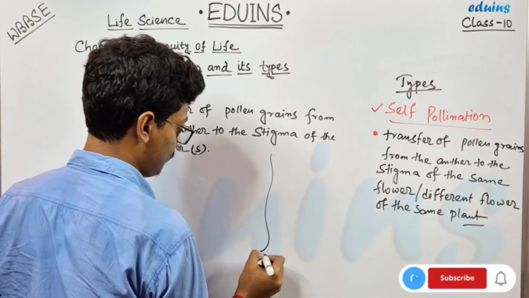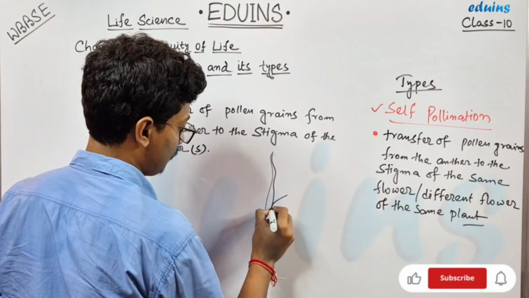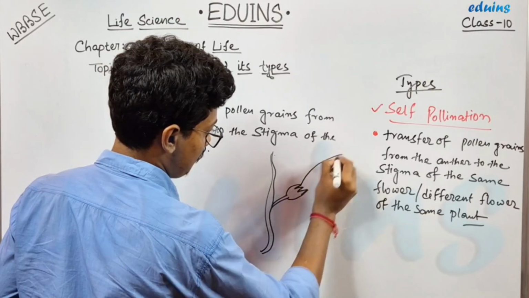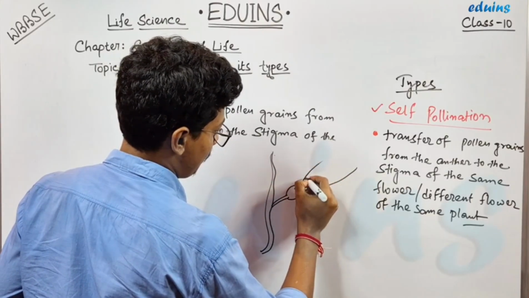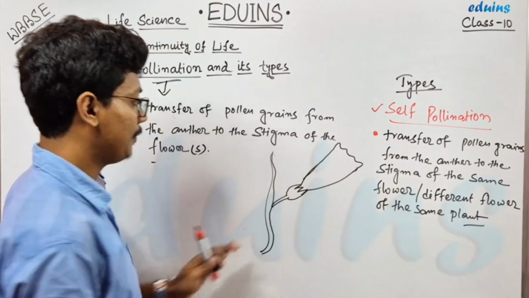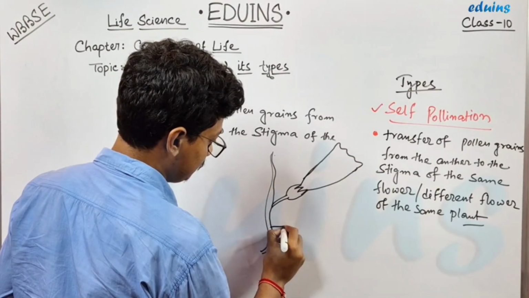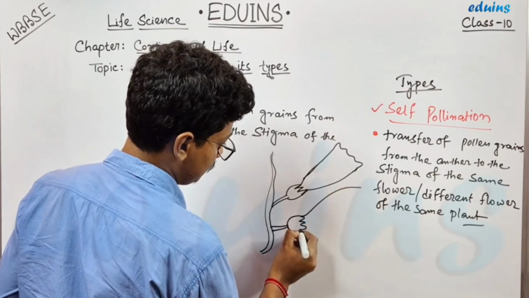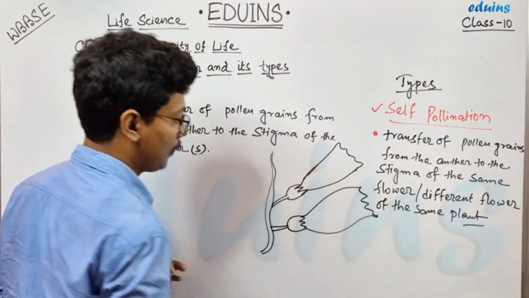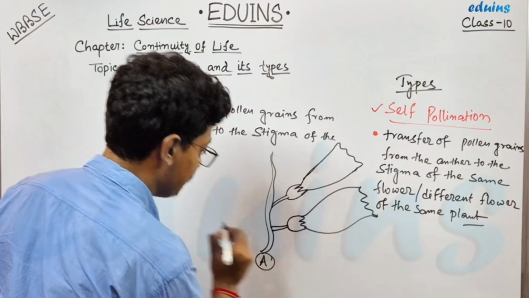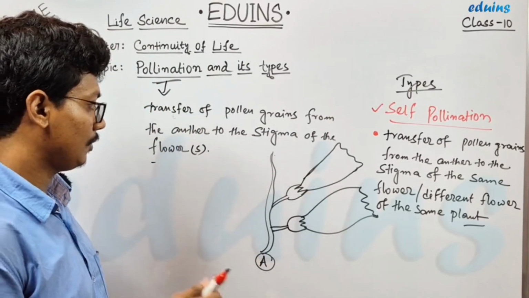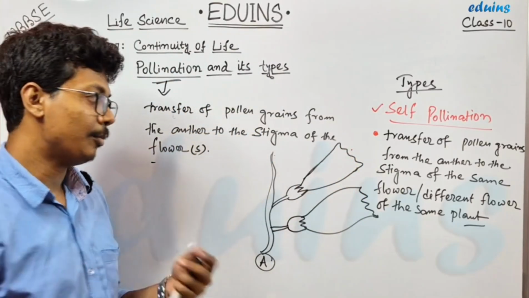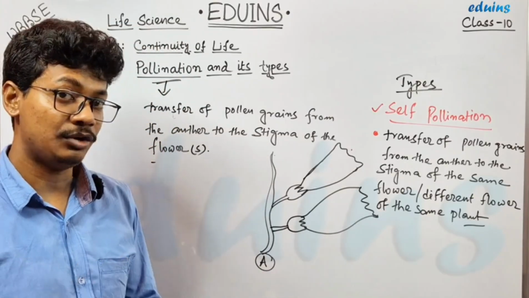If this is a flower and this is another one, this is the same plant, that is plant A. The condition may be that the flower contains both the male and female reproductive parts, androecium and gynoecium.